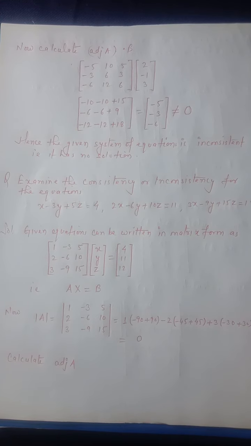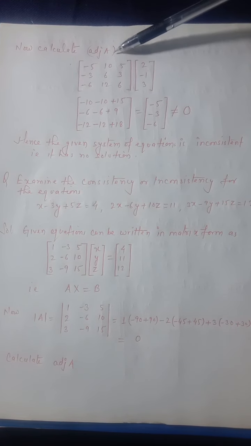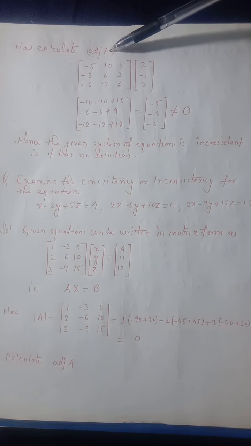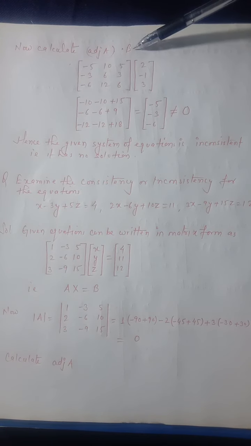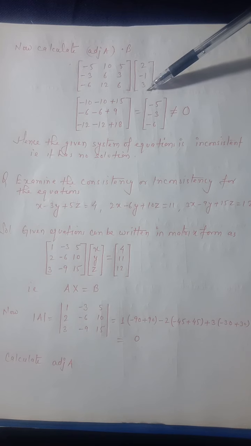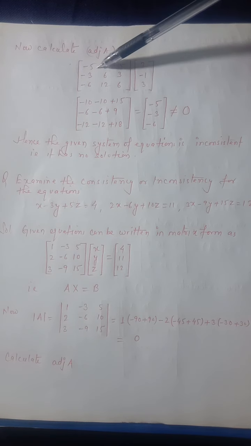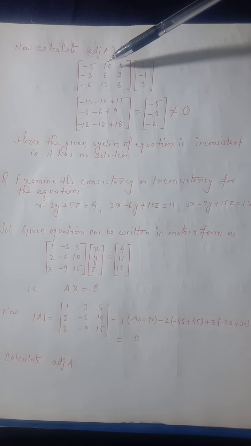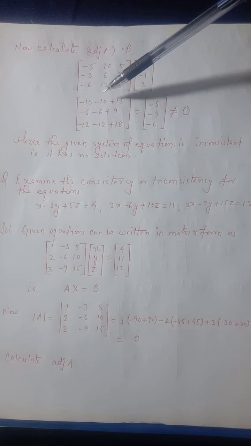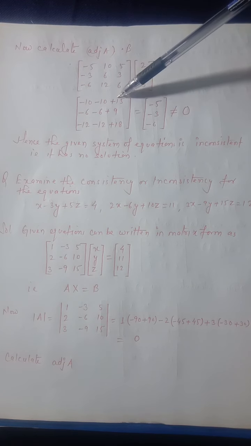Now next step, calculate adjoint of A into B. Adjoint of A we have already calculated, and matrix B is 2, minus 1, 3. Multiply first row with first column, so minus 5 into 2 plus 10 into minus 1 and 5 into 3.